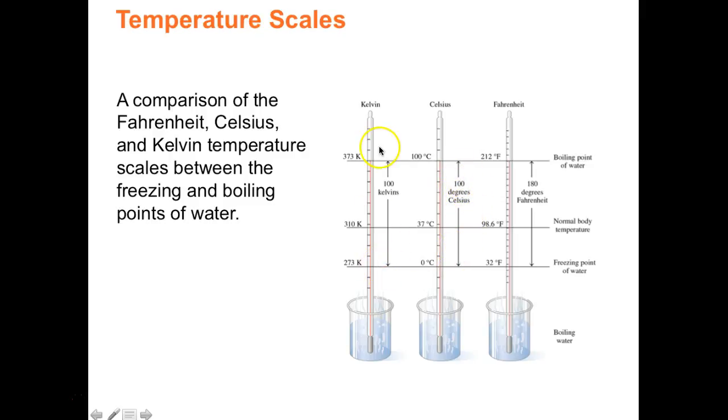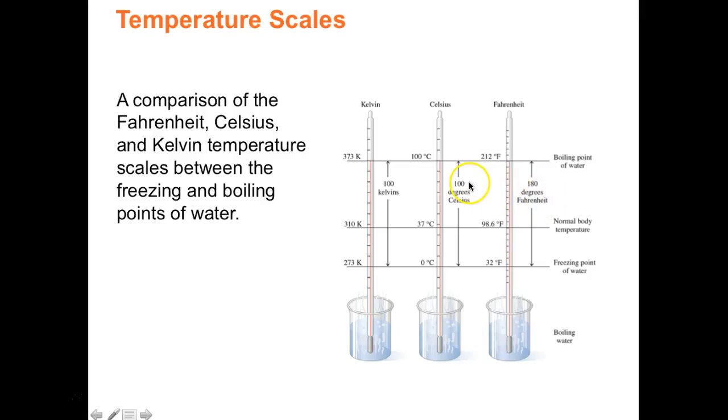And from 273 to 373 also, that's 100 Kelvin units. So 100 K is equal to 100 degrees C, and therefore 1 K is equal to 1 degree C.